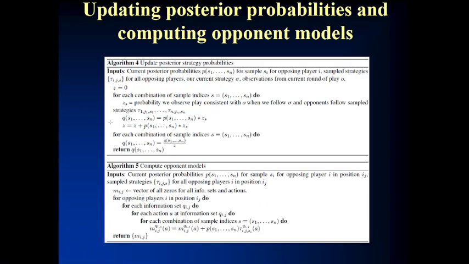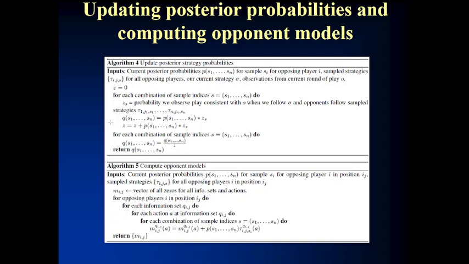Next, we need to talk about how we're going to update the posterior probabilities for these k sampled strategies after each hand, or each iteration of play. Recall, some private information might get observed, some might not.